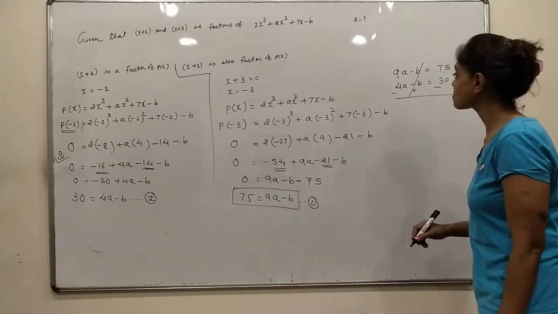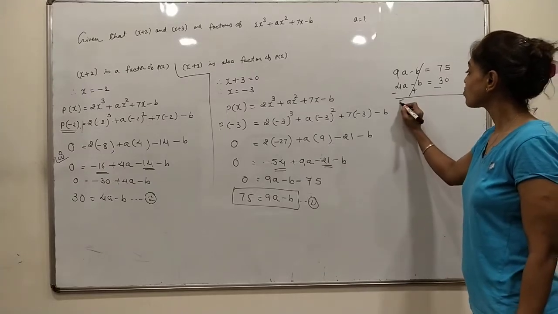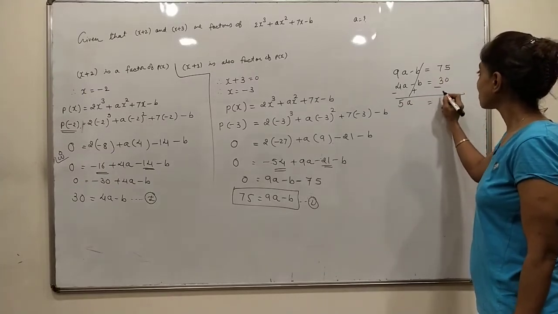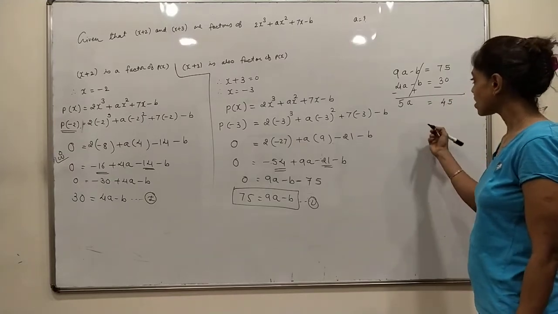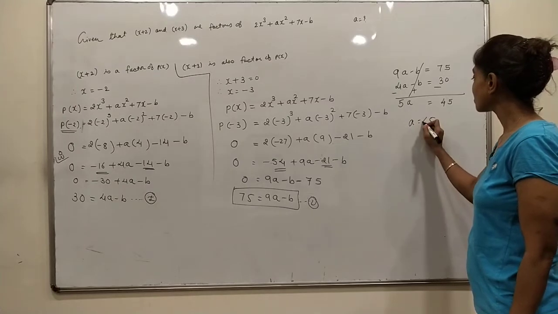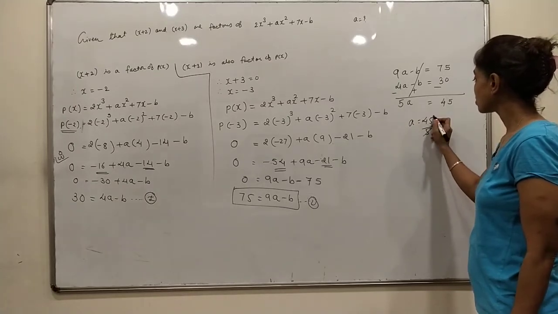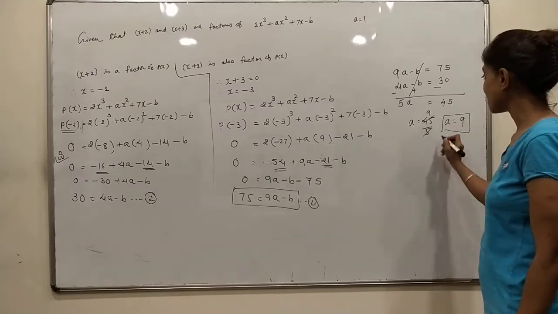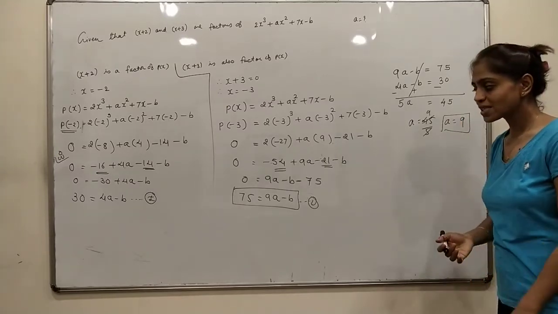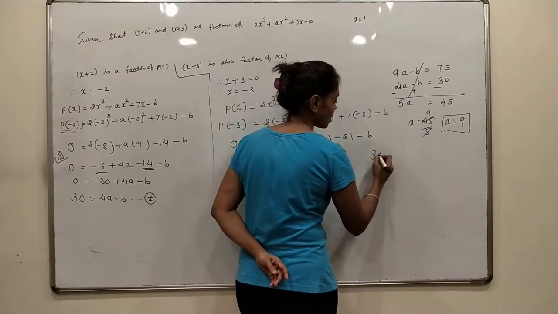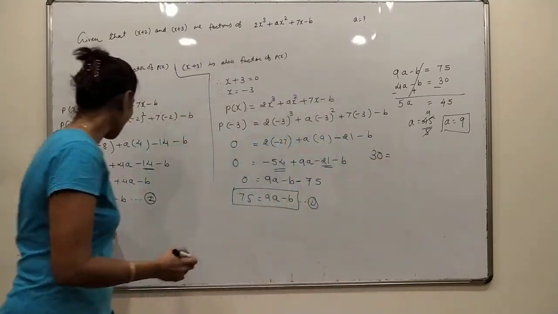Plus b minus b cancel. 9 minus 4 is 5a, and 75 minus 30 is 45. So a is 45 by 5, so a is 9.